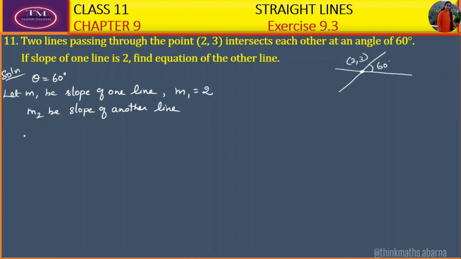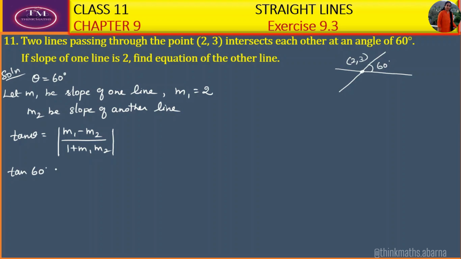Now what we know, the angle between them is given by tan theta equal to modulus of (m1 minus m2) divided by (1 plus m1 m2). So we have theta equal to 60 degrees.